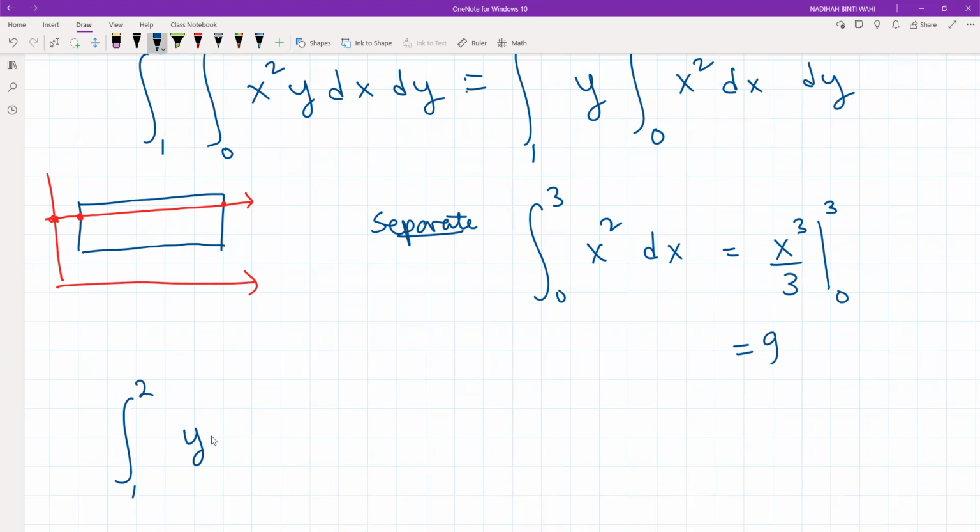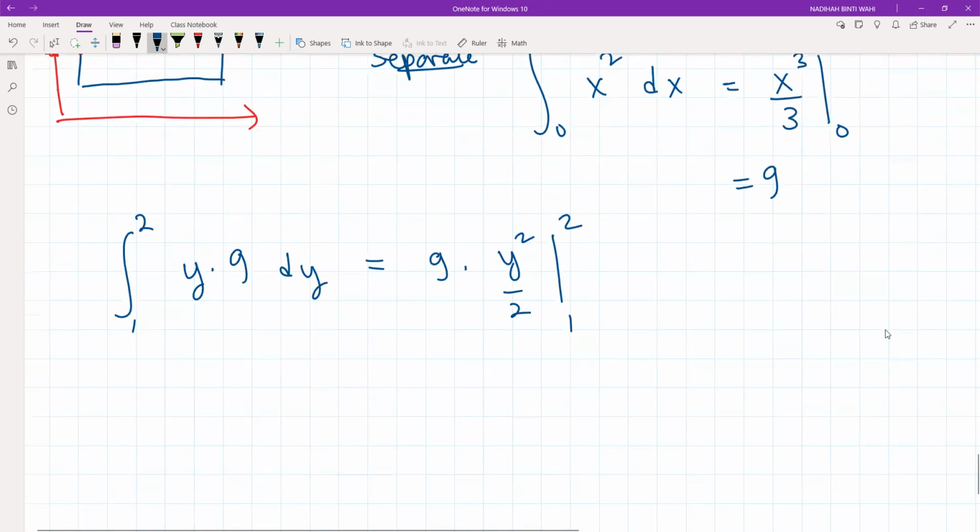9 unit square. So if I want to put this in, y times 9 dy, so this is just 9 times y squared over 2 from 1 to 2. So this is the volume for this guy. So 9 times (4 minus 1) over 2.